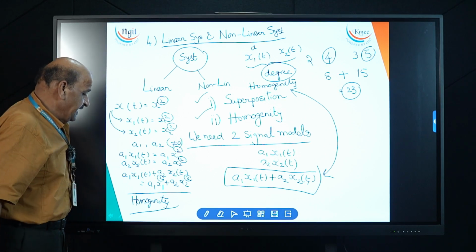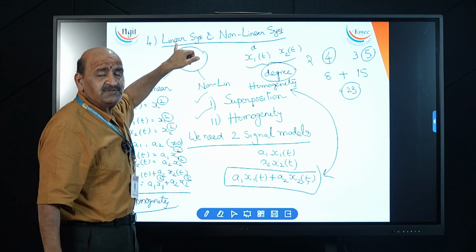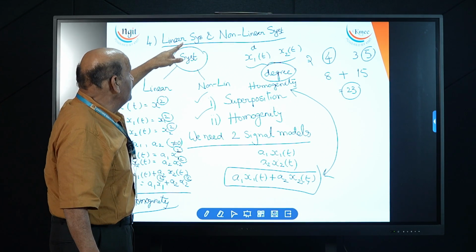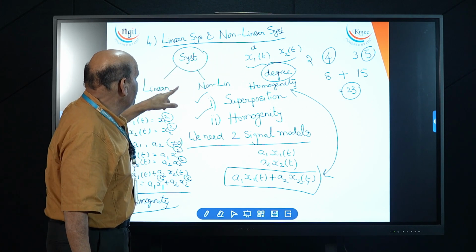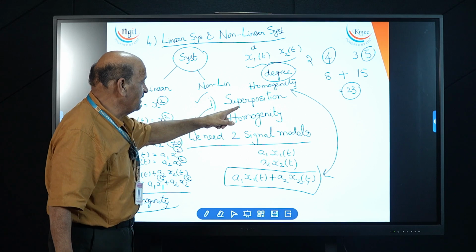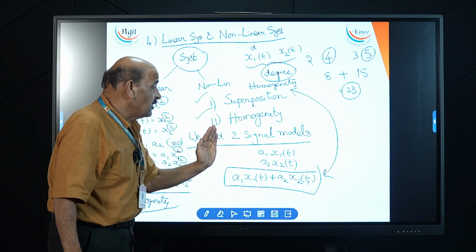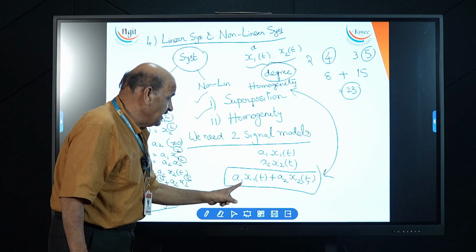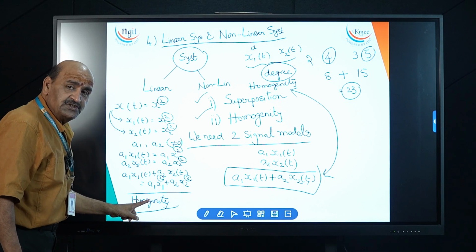So now again, recollecting important points. The fourth kind of system we started with is linear systems and non-linear systems, whether it is linearity or non-linearity. Here it is based upon the principles of superposition and homogeneity. You already understood what superposition and homogeneity mean.